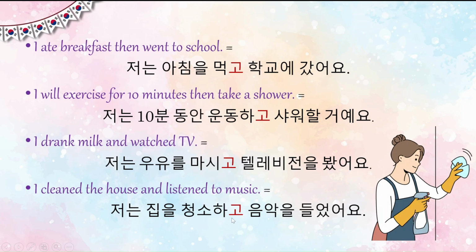You have to attach another clause to it, that is, I listened to music. So what you do is 청소하고. You attach the particle 고 to this verb stem. And then you link the second clause, that is, I listen to music, 음악을 들었어요. Okay, so this is how it works.